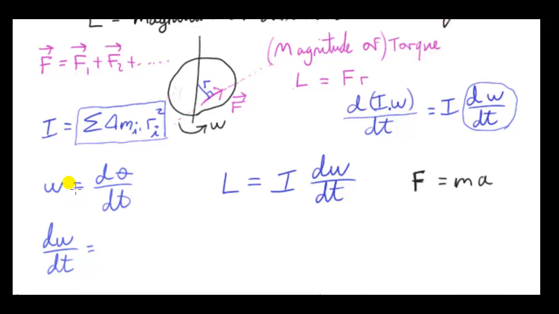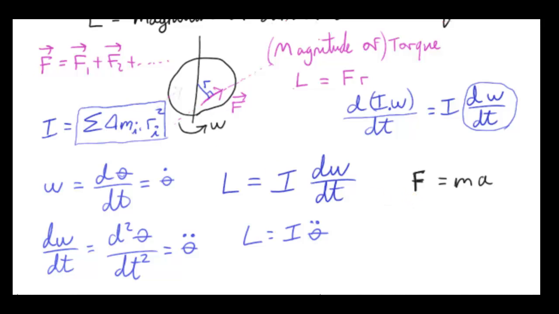It's the rate of change of omega with respect to time, but that's just the second derivative of theta with respect to time. Another way to write the derivative of a quantity with respect to time is to put a dot over the quantity. That indicates we're differentiating with respect to time. So if we're differentiating twice, we have theta double dot here. So we can write this as L equals I times theta double dot.